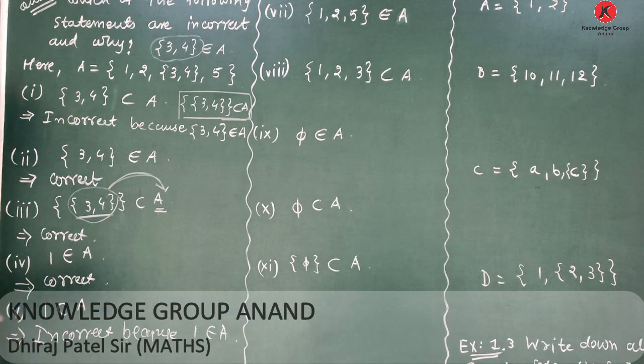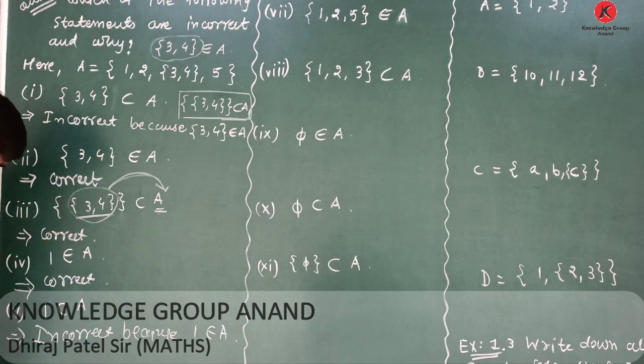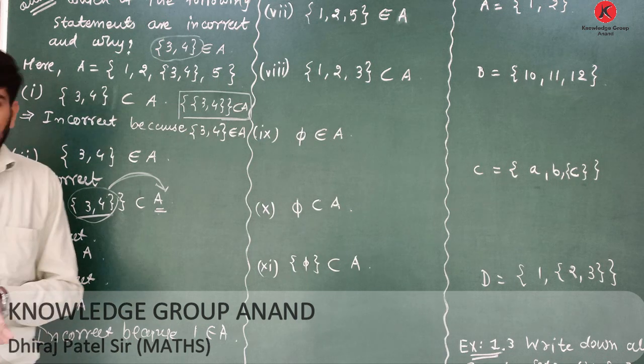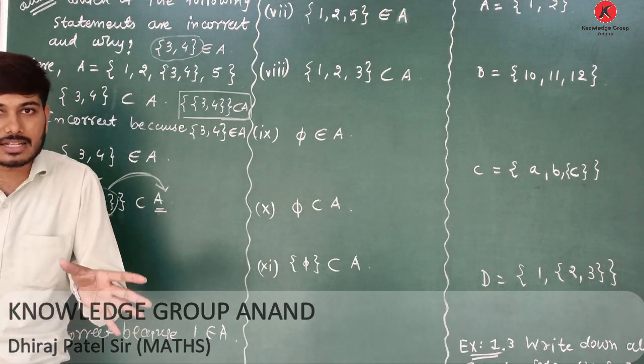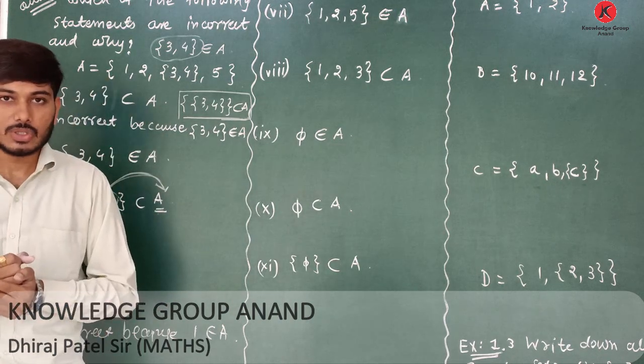Because for the relation of subset between two sets, if we are putting the symbol subset or does not subset, then the left hand side as well as the right hand side both have a set.